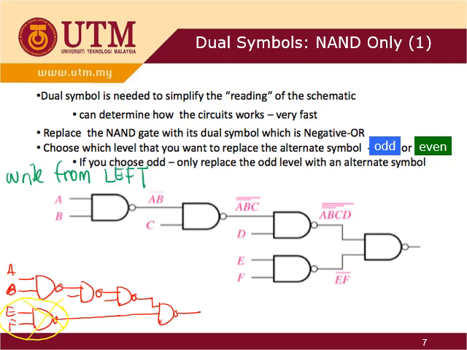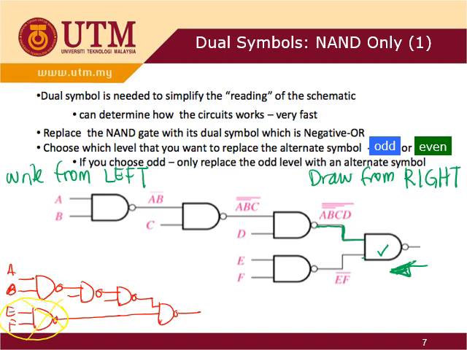But when we draw, we draw from the right, from the end, from the output here. We go this way. So what do I mean? You start with the output here, and then you draw the input for the first wire. So you got your D and ABC bar there.